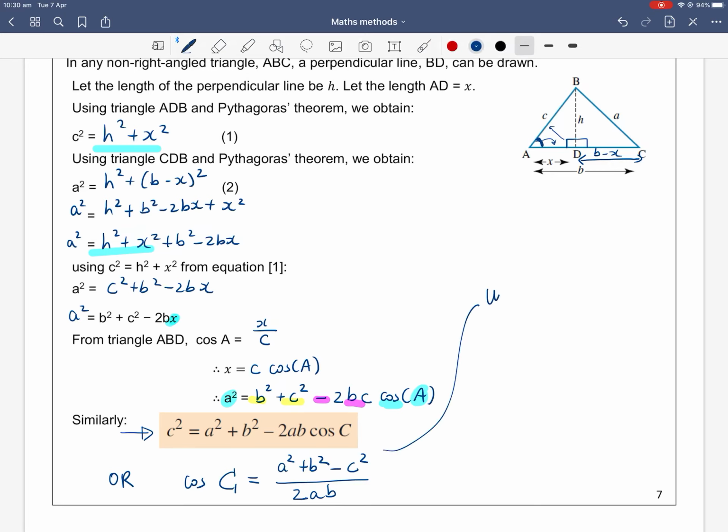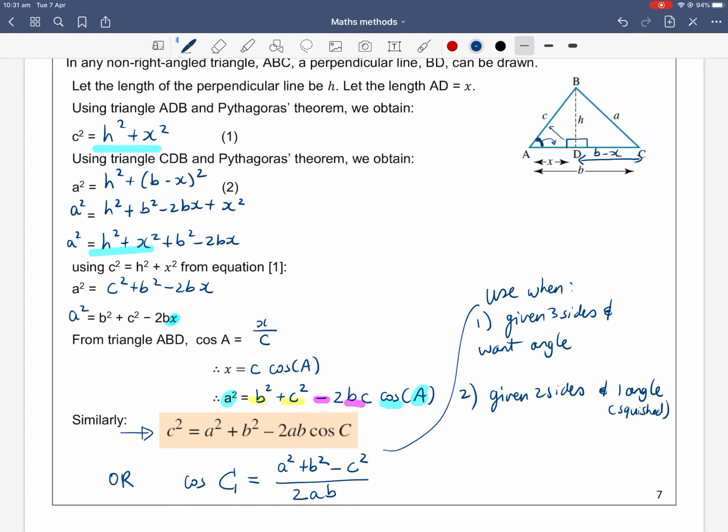So when do we use the cosine rule? We use the cosine rule in case 1, when you're given 3 sides and you want an angle, or in case 2, you're given 2 sides and you're given one angle which is squished in between the 2 sides, and you want a side length.